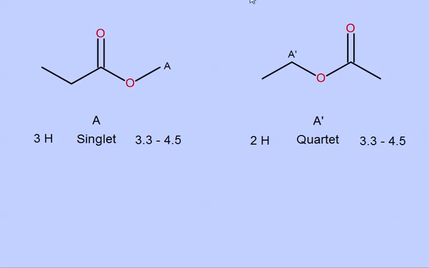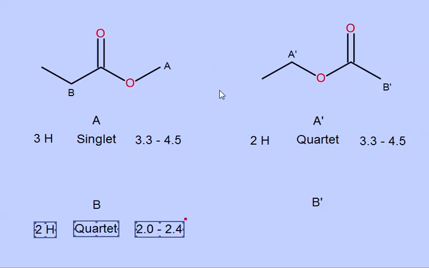If we look at the other major polar covalent group, the carbonyl group, on the two molecules and their neighbouring hydrogens, we'll call them B and B dash. On the first molecule on the left, for B, we've got two hydrogens which have three non-equivalent neighbours, so that would produce a quartet in that region, 2.0 to 2.4, for the peak.